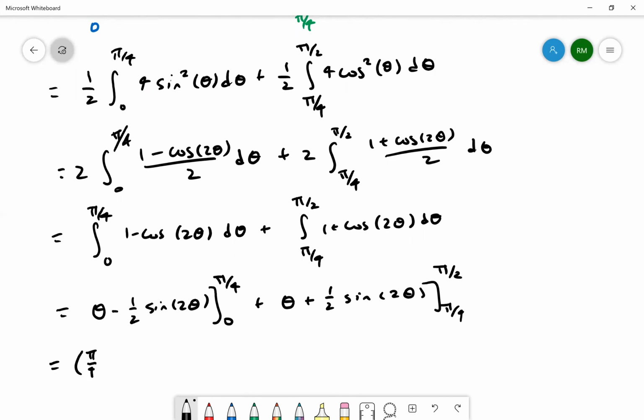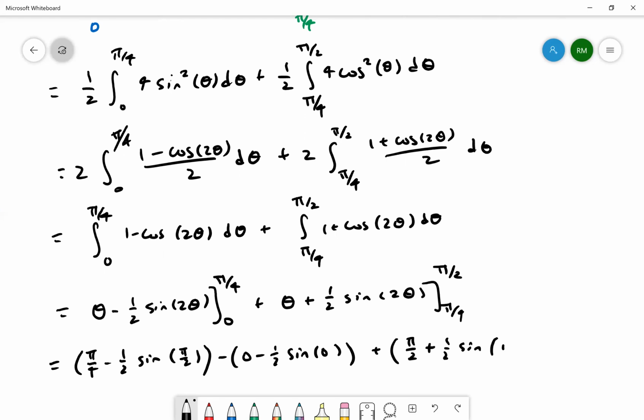This is pi over 4 minus 1/2 sine of pi over 2 minus 0 minus 1/2 sine of 0, plus pi over 2 plus 1/2 sine of pi minus pi over 4 plus 1/2 sine of pi over 2.